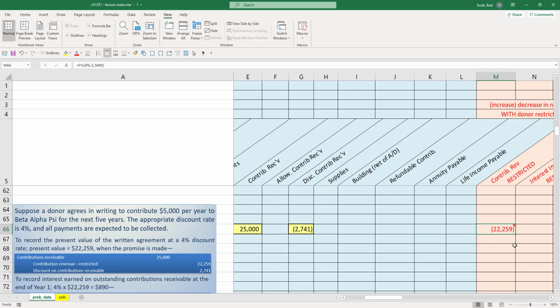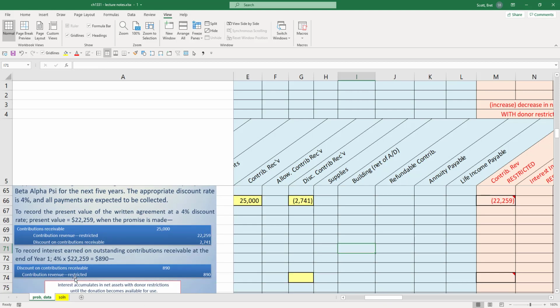So what's up with this 22,259? Guess what? There is an embedded interest component to this. But I don't want you to worry about that right now, because essentially we're not going to acknowledge an interest income in this case. We know that the full 5,000 we receive each year is comprised primarily of this principal component, but there is a small amount of interest that we do recognize as time goes by.